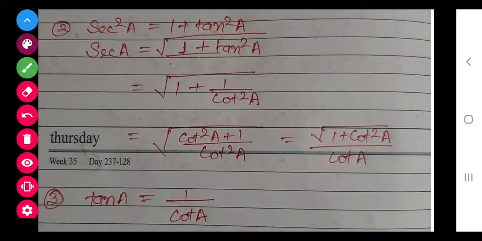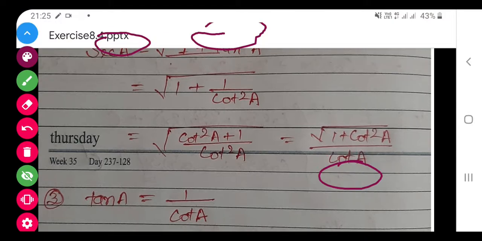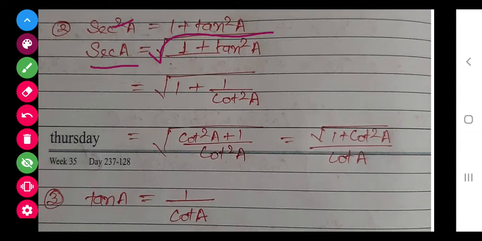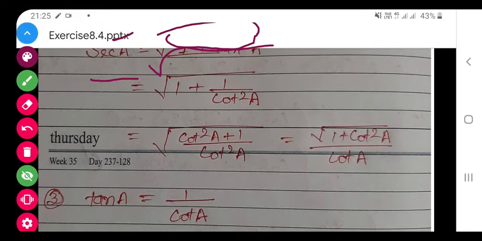In the same way, in the second one, sec does not have any direct relation with cot. So first of all, sec has a relation with tan. The new identity is sec square theta equals 1 plus tan square theta. After that I have deduced sec theta from here, so sec theta is equal to root of 1 plus tan square theta, removing the square.